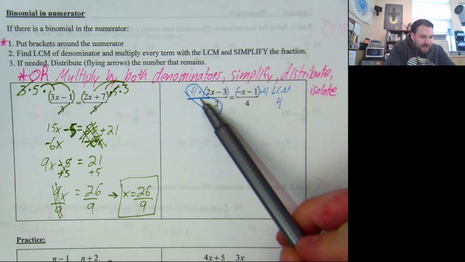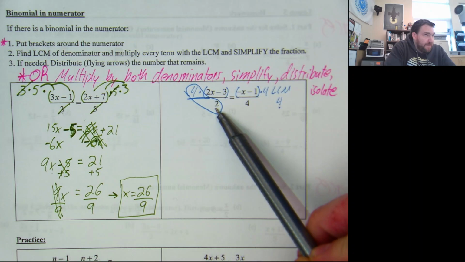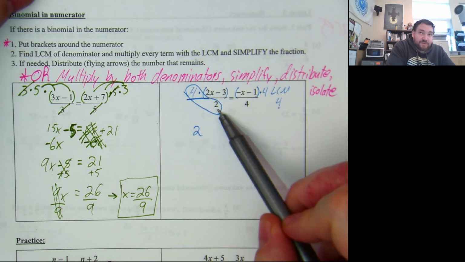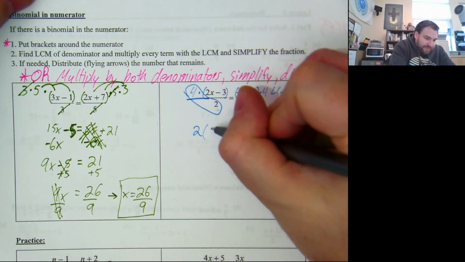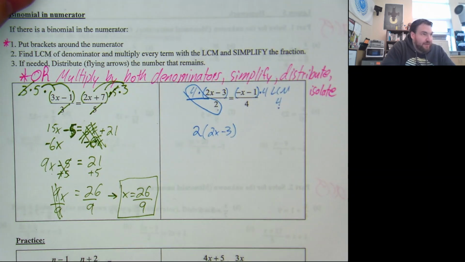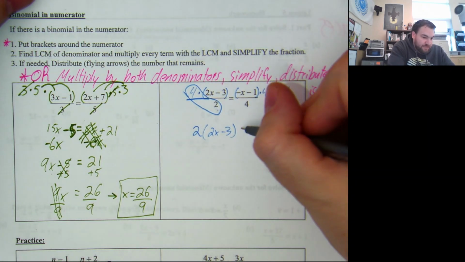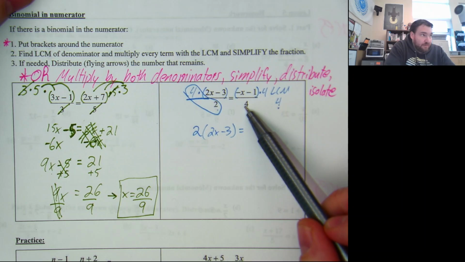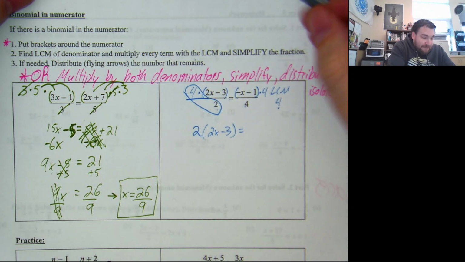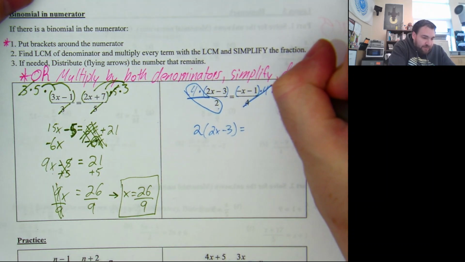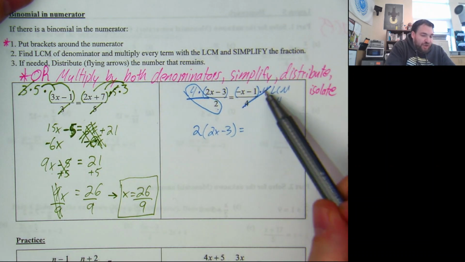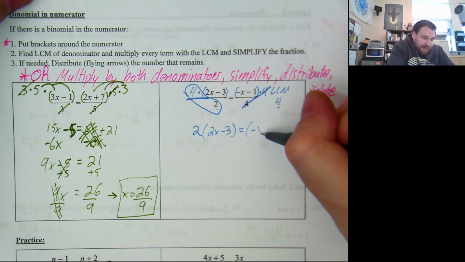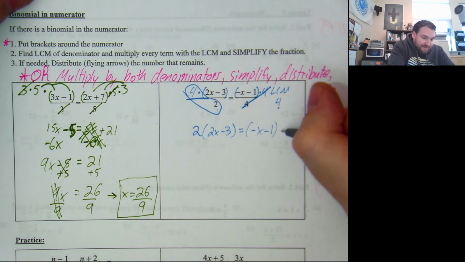What is 4 divided by 2? 4 divided by 2 is 2. This gets reduced, and my binomial in the bracket is still there. What's 4 divided by 4? 1. And multiplying by 1 doesn't change anything, so these 4s are just going to go away, leaving me with negative (x minus 1) times 1.